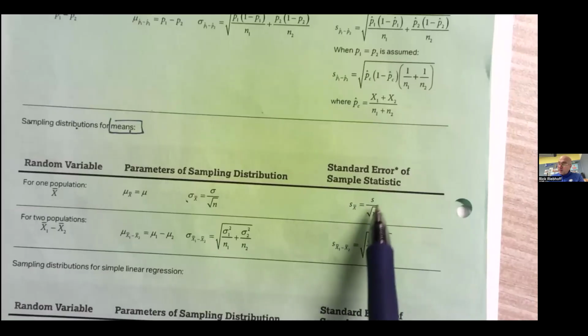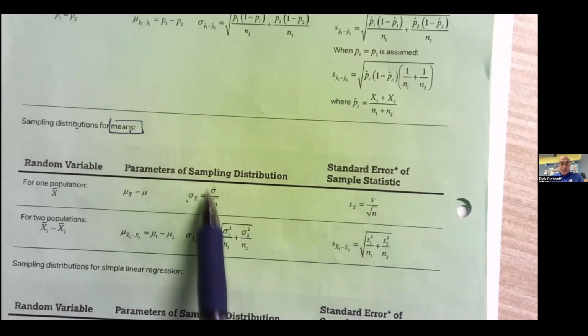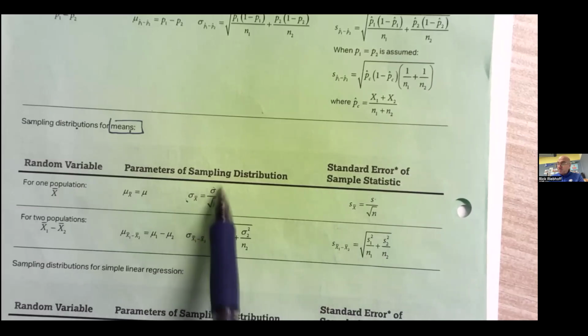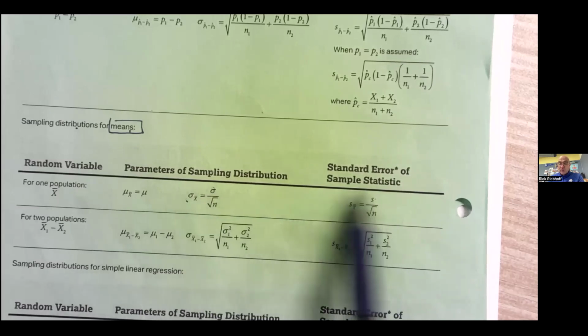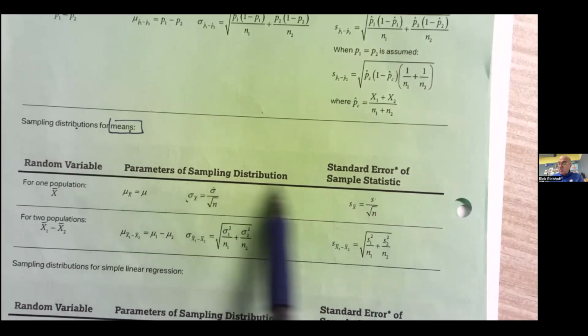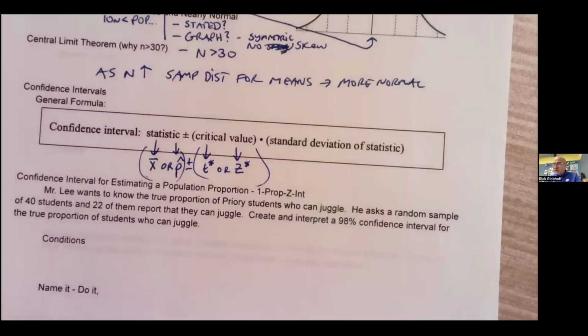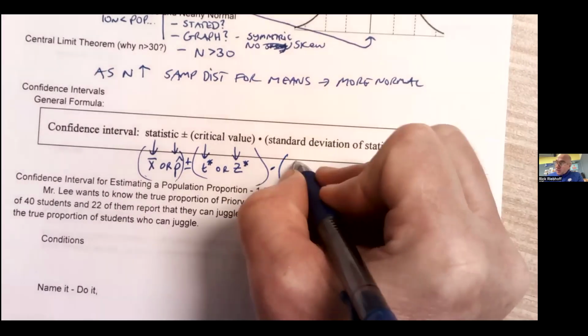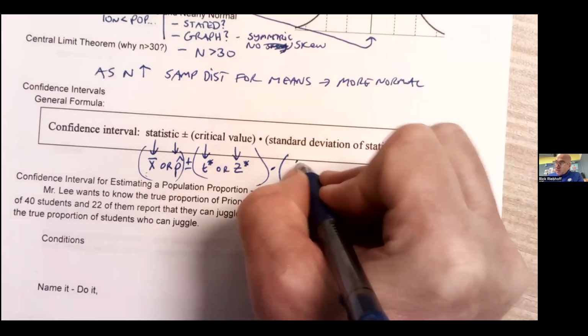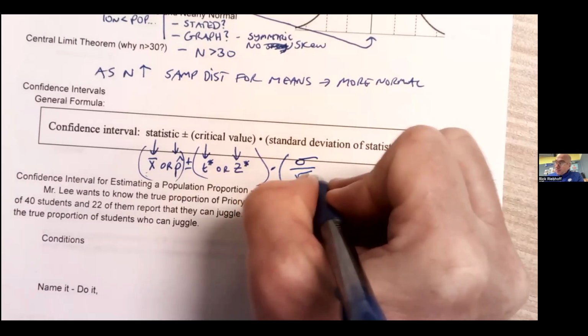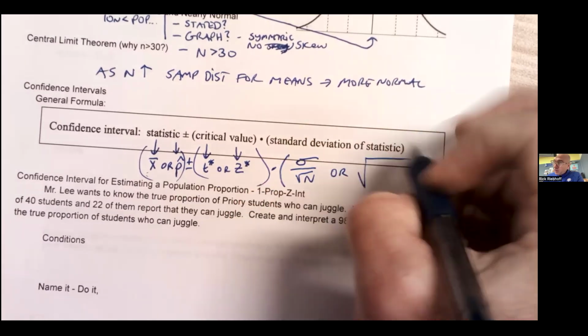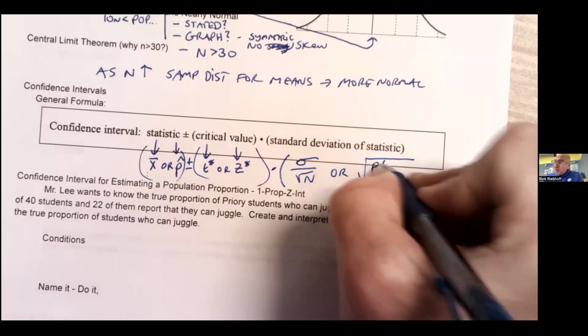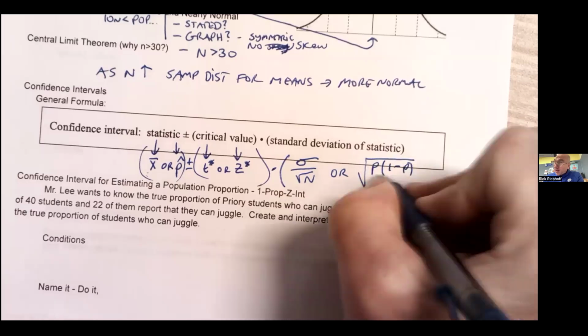We take our sample standard deviation over square root of n. We usually won't have the population standard deviation. We will usually have this, right? So you're going to use standard error instead of standard deviation. Again, error is not a bad thing. It's just how much are we deviating? It's just another word for deviation. Okay, so this one is either, let's see, if it's means, it is sigma over root n, or the square root of p or p hat times 1 minus p or p hat over n.